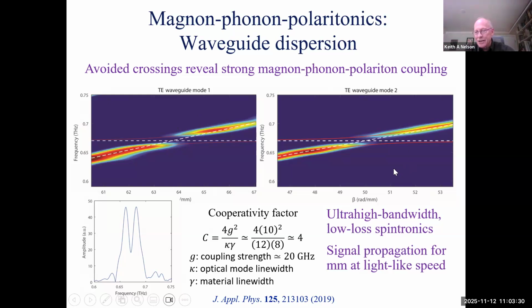So what that's showing is that in this coupled waveguide structure, we actually are in the regime of strong light matter interactions, where you have splitting of the modes into upper and lower polariton branches, right?